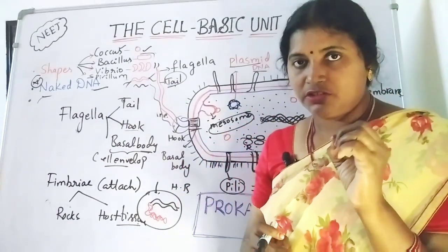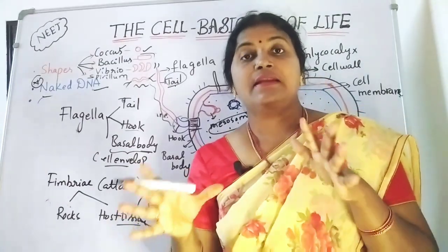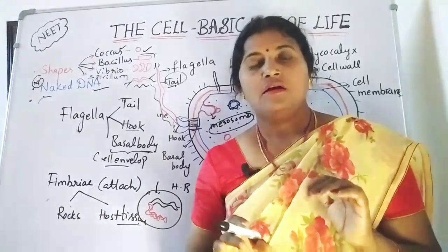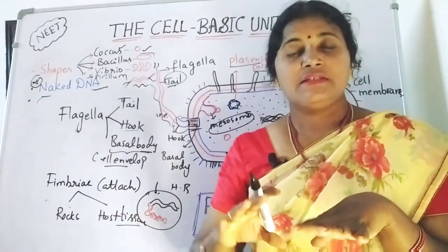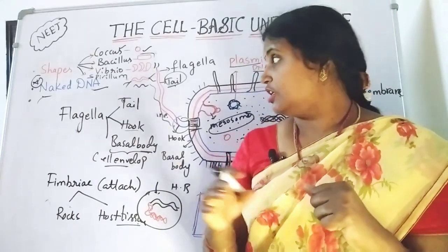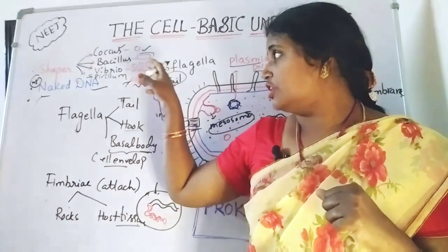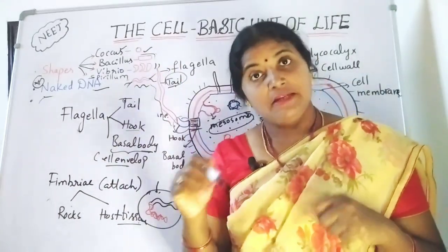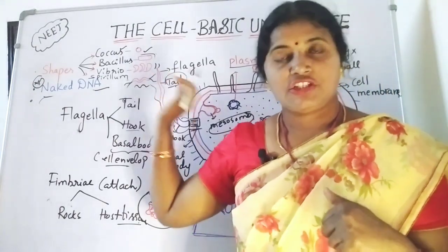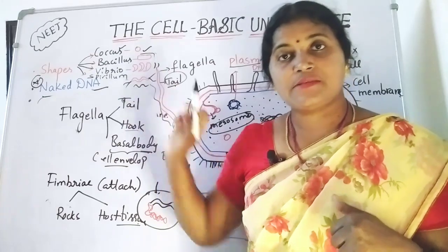The main difference between prokaryotic and eukaryotic cells is the naked DNA, with no nuclear envelope around it. Based on shape, bacteria are divided into coccus, bacillus, vibrio and spirillum: spherical, rod shaped, comma shaped and spiral shaped.